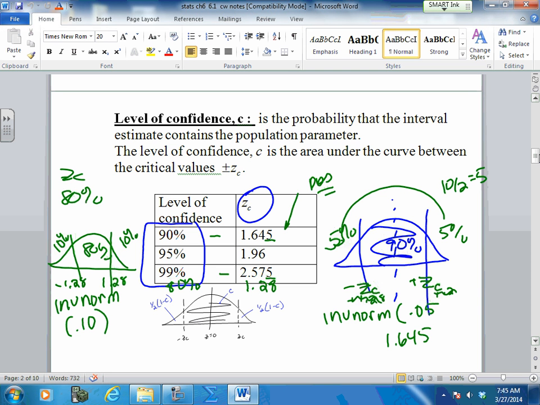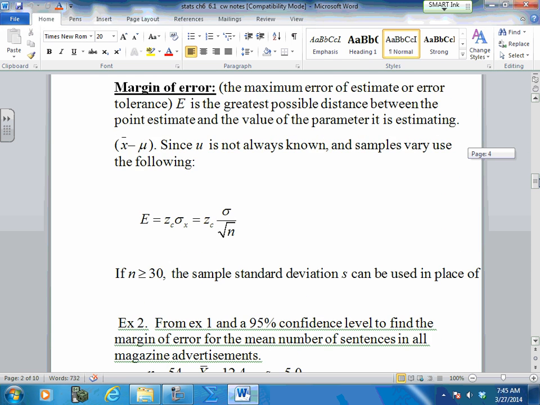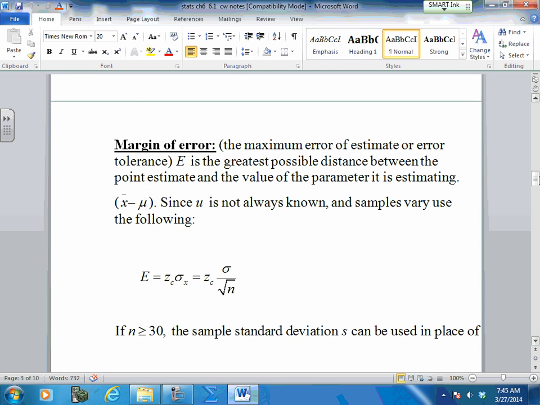Okay, so now we're going to take that and we're going to incorporate that into one of your formulas. We're going to find your margin of error formula. This is where we do this. This is this guy. You guys with me?